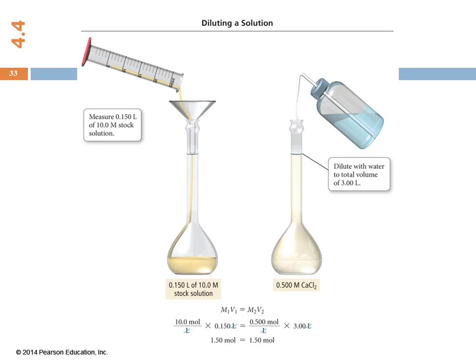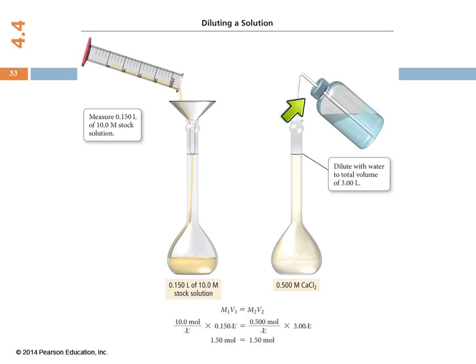Here's an illustration of how you might dilute a solution, and we're going to do this in lab tomorrow. So what are we doing here? We are making a 0.5 molar solution out of a 10 molar solution. So the concentration is going down. So we're measuring out 0.150 liters of this 10 molar solution, and we're putting it into a volumetric flask.